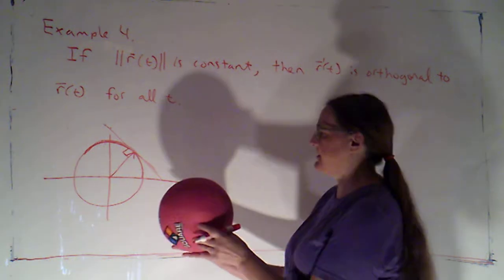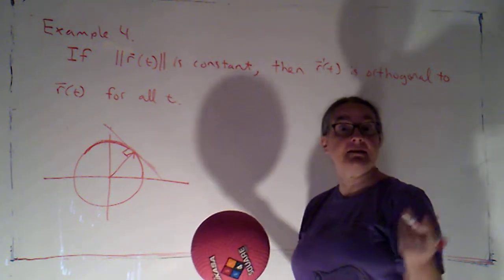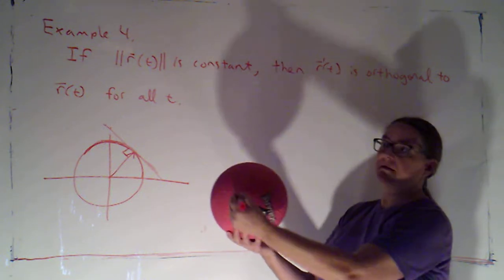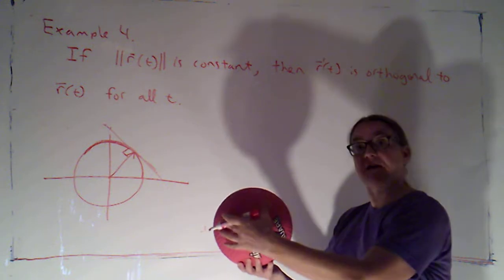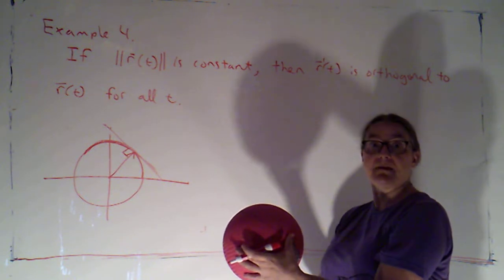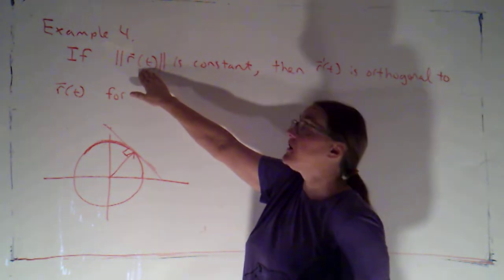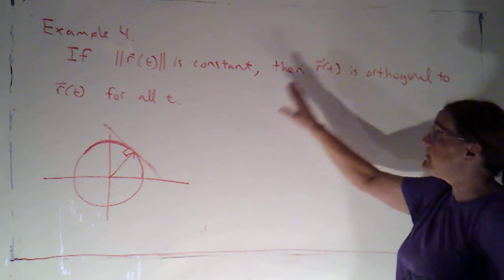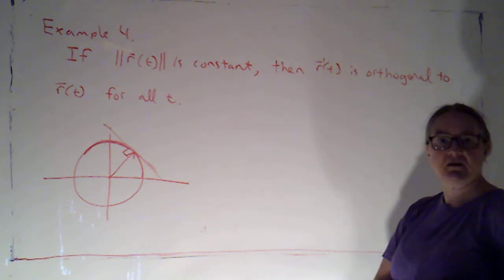You might be able to see, I took a marker and I drew some stuff on this curve. But that's essentially what we're talking about. The sphere becomes the surface on which I'm drawing my curve. I'm still getting a 1-dimensional curve, but it just lies on this sphere. That would be what we have if the magnitude of r is constant. And this says that this property, that the derivative is still orthogonal to the position vector, is still true.